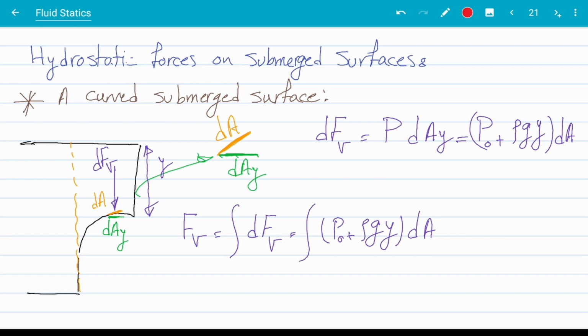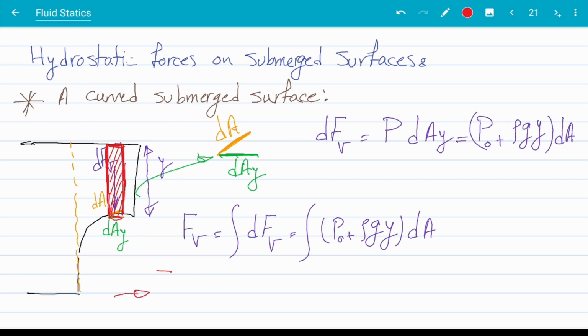Now y dA gives you the volume of this red element here, right? This is an element with a cross-section area of dA and a height of y. Its volume is going to be its cross-section times its height, which is dA times y.